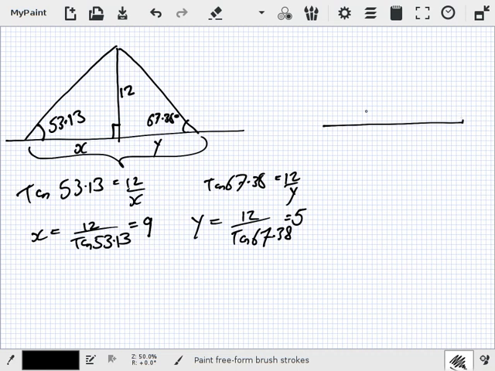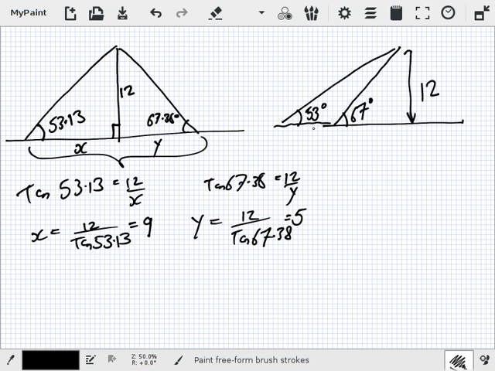So what you could have done, you could have had the girl here with the 67-degree angle, and then the boy here with the 53-degree angle here, and this is 12. So the distance here between them would now be, I think, 4 meters if you work it out.